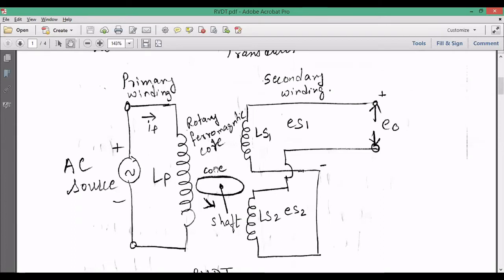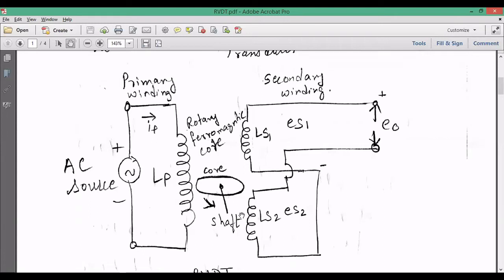This angular displacement I am able to convert into the differential voltage E naught, because the flux linkage with the primary and secondary windings is different now. The EMF induced in the secondary windings is different because of this angular displacement.